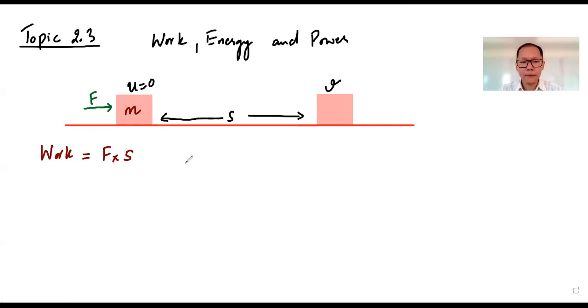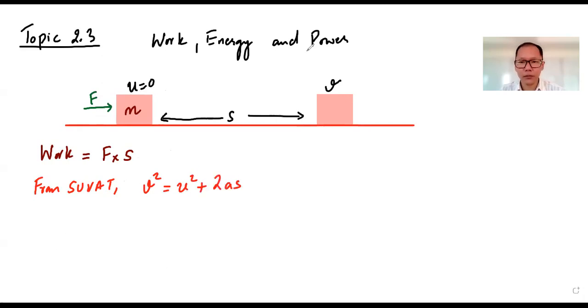So what is the acceleration of this object when it covers a displacement s and it has a final velocity v and initial velocity u? From SUVAT, we know that v squared equals u squared plus 2as, right?